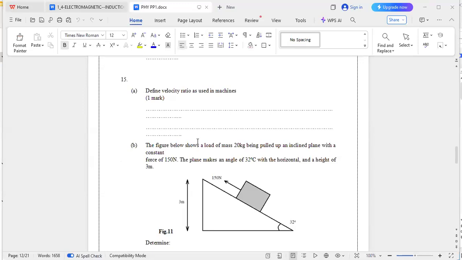Number 15. Define velocity ratio. If you have a question, ask.